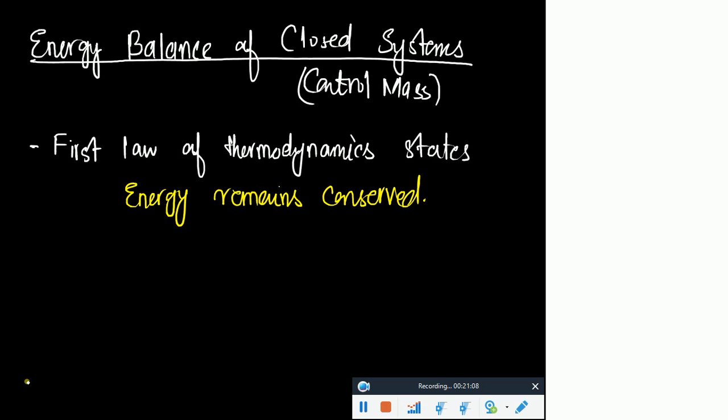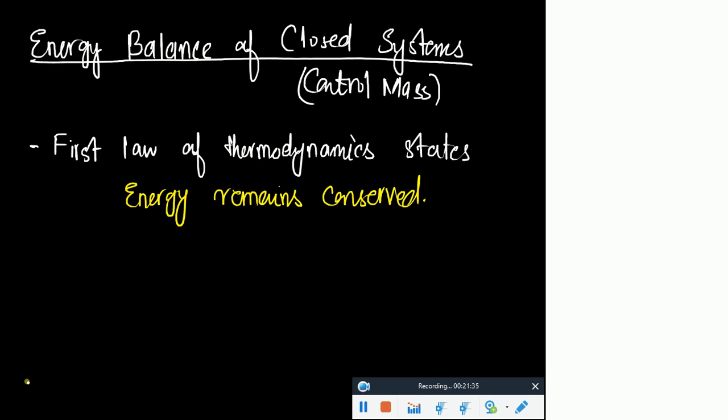And remember one thing, when we talk about control mass, it means we may be talking about some kind of heat interaction. Like for example, if there is a jar, inside it you have gas, and that jar is having some contact with a hotter plate. Then because of the temperature difference between the gas and that hotter plate, heat would start flowing from the plate to the gas.